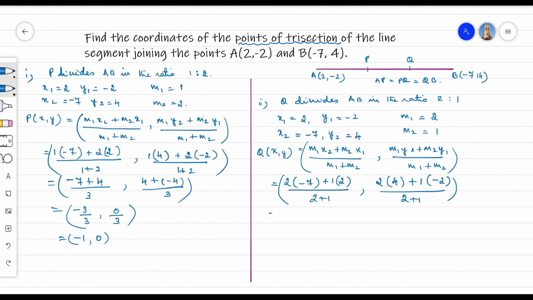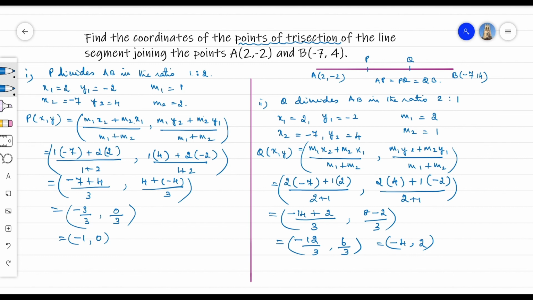Let us simplify and write the answer. Minus 14 plus 2 divided by 3, comma 2 fours are 8 minus 2 divided by 3. On simplifying again, we get minus 12 by 3, comma 6 by 3. Cancelling, we get (minus 4, 2).